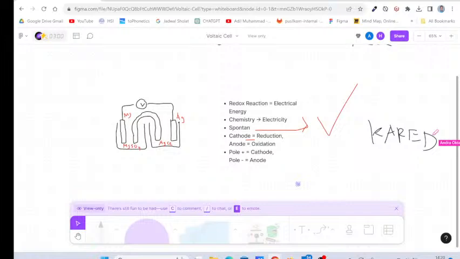So when you say cathode, it must be reduction. But the poles here are not really the same as karet. In voltaic, the plus pole is the cathode, but in electrolysis, the plus pole can be the anode.